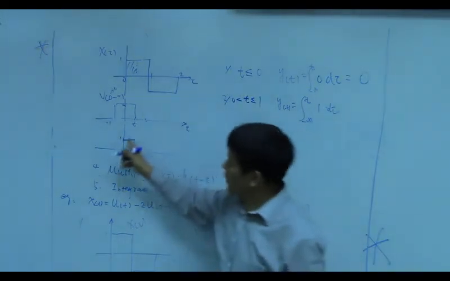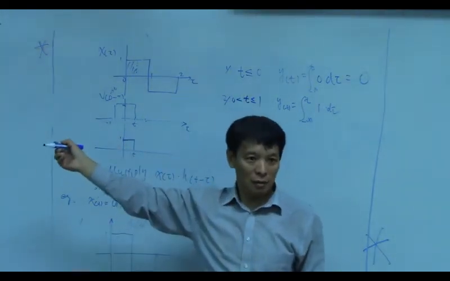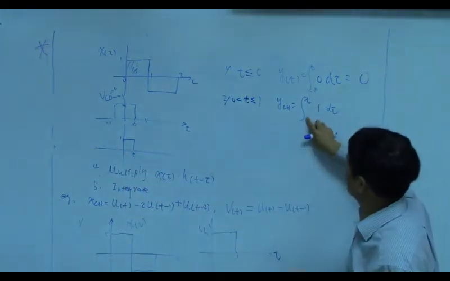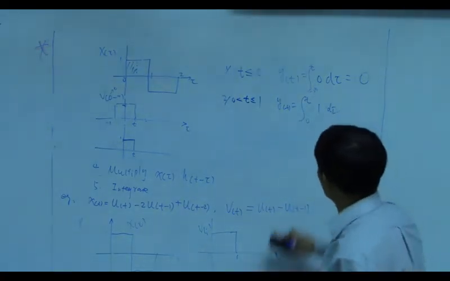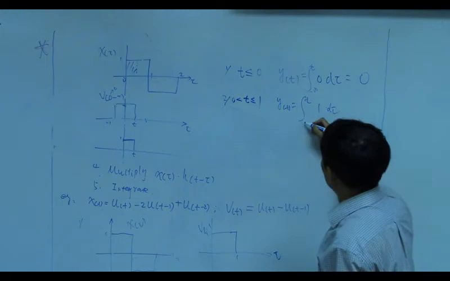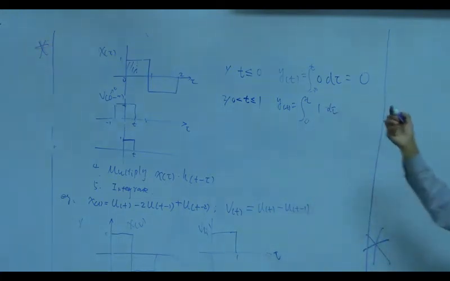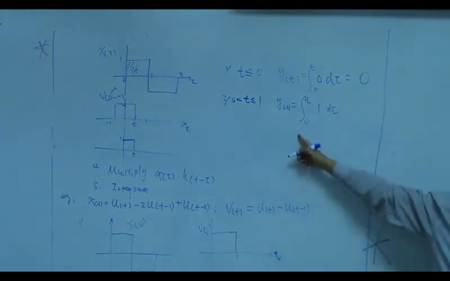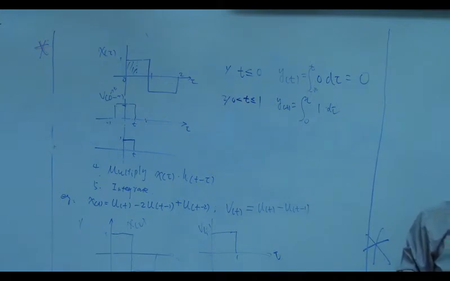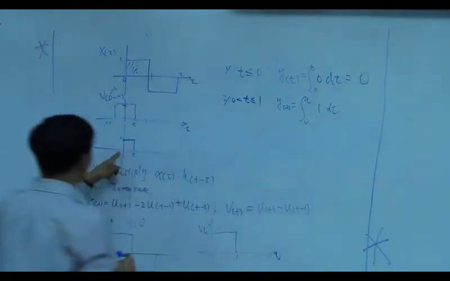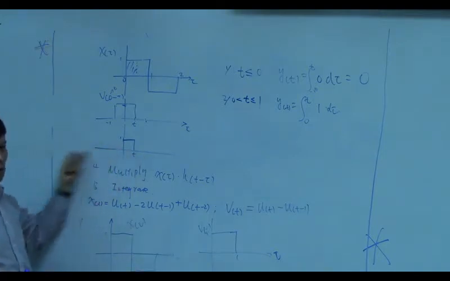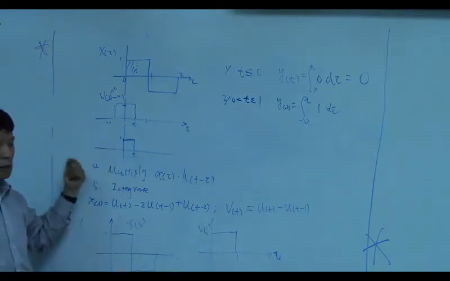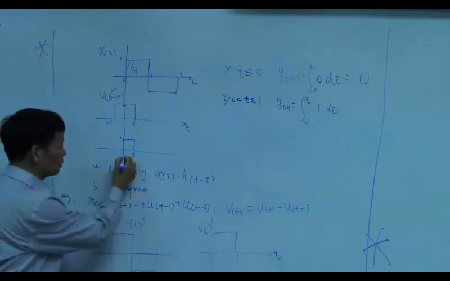From negative infinity to here, we have nothing. So we just change this one to 0. Or usually you should copy this, so you can just use 0, or rewrite and copy another. Because the integration is from negative infinity to t, all this part is nothing. So you just go from 0 to t.